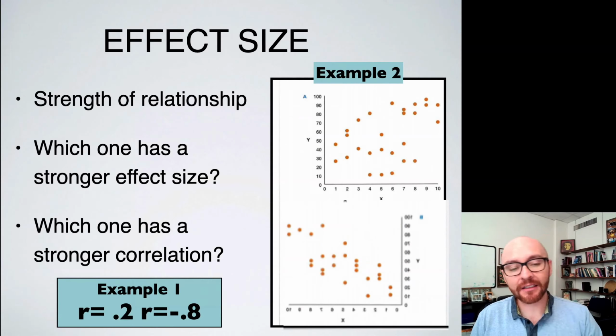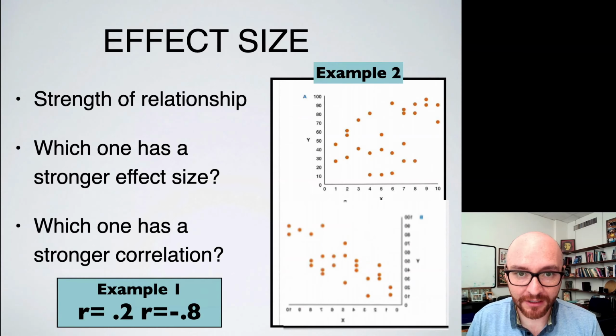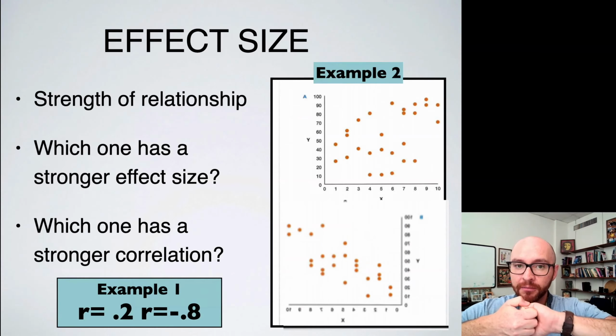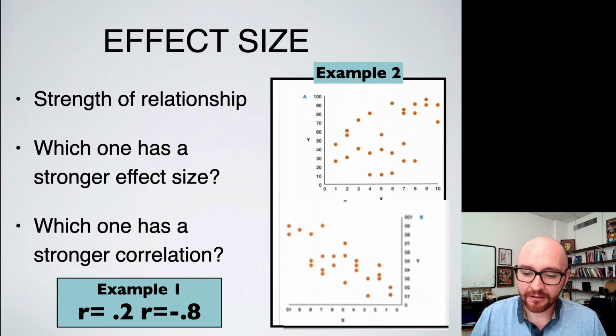So now, going back to effect size. Effect size, again, is the strength of the relationship between both quantitative variables, or a quantitative and a categorical variable, right? That's what effect size is, the strength of the relationship between the two variables. In this case, that bottom one looks kind of fuzzy.